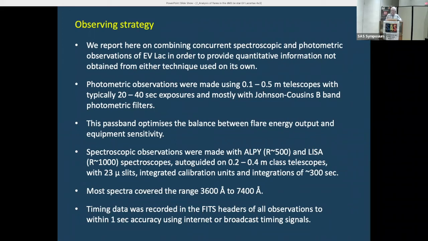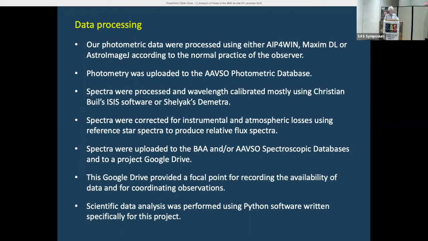What that really means is that our time resolution with spectroscopy is significantly worse than with photometry. Most of our spectra cover the range that you can see there, and we're trying to record accurate timing data in the FITS header, obviously, because we're sometimes synchronizing observations made in geographically distributed locations, but as accurately as we can make it at the same time.